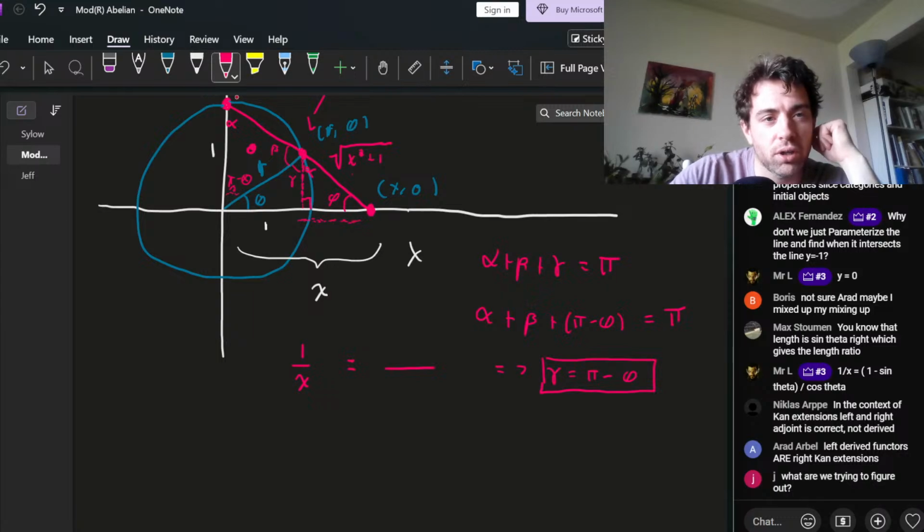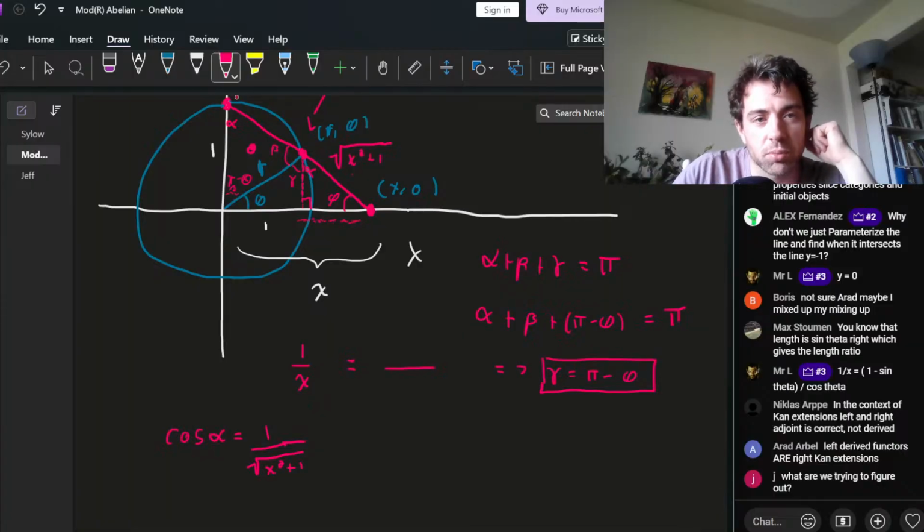So alpha though. We know that cos alpha is 1 over this thing, so we can determine alpha. We're trying to figure out the y coordinate of this point here.